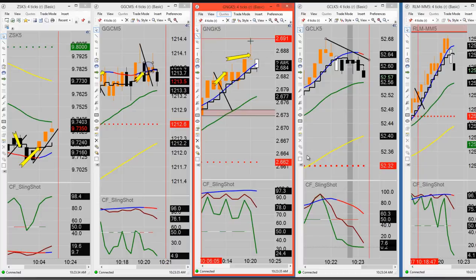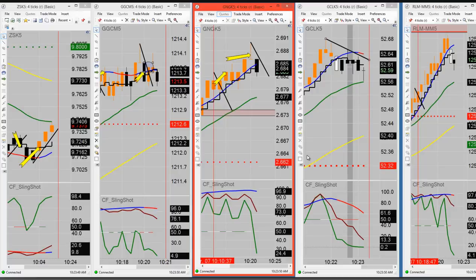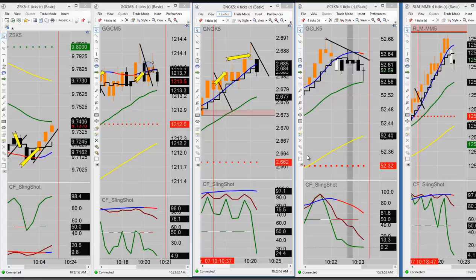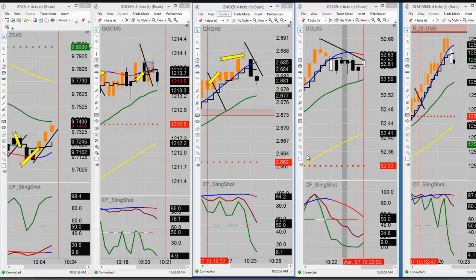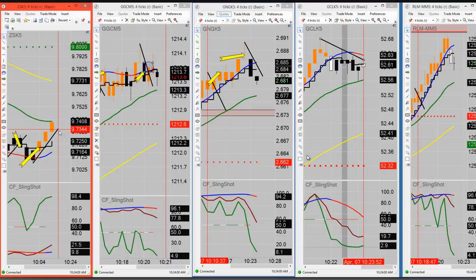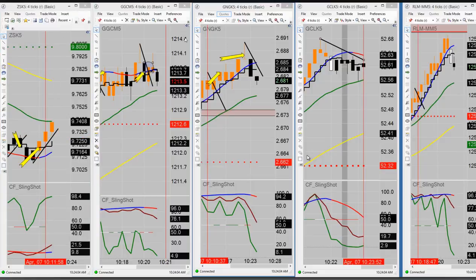Okay, and the soybeans. Soybeans now have a high of 74. They're going to have a low of 73. That's not low enough.